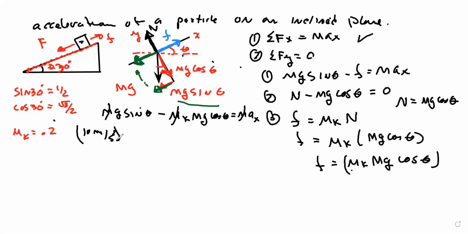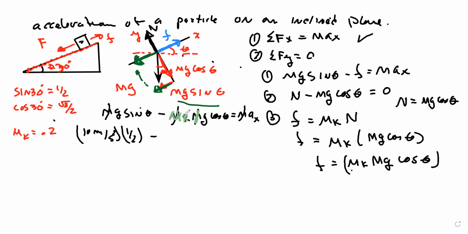That multiplies the sine of 30 degrees, which is 1/2, minus, we're going to cancel the masses, not the mu. Let me put back the mu. What's canceled is the mass right here. The mu k has to stay there.